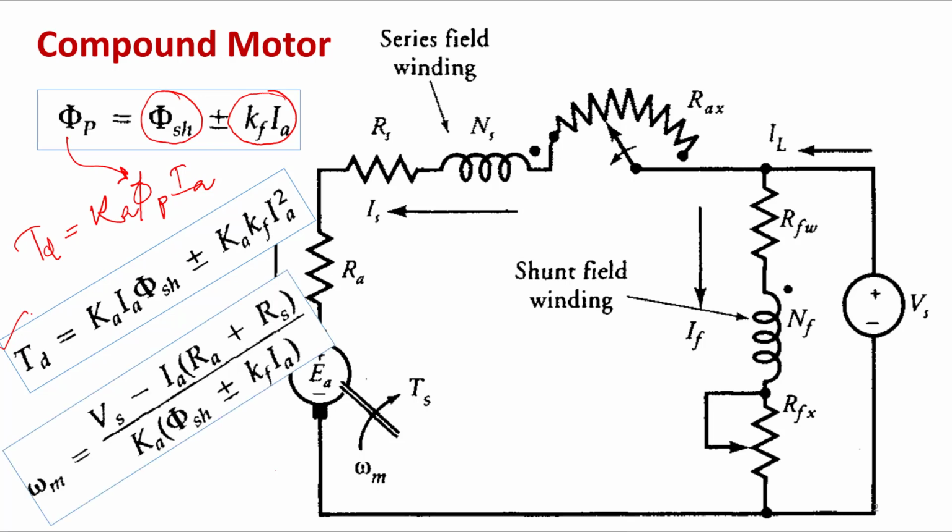Similarly, I can find the omega m equation from the KVL equation, right? So that is omega m is equal to Ea by Ka phi P. Okay. So phi P already we know that is phi SH plus minus Kf Ia, right?